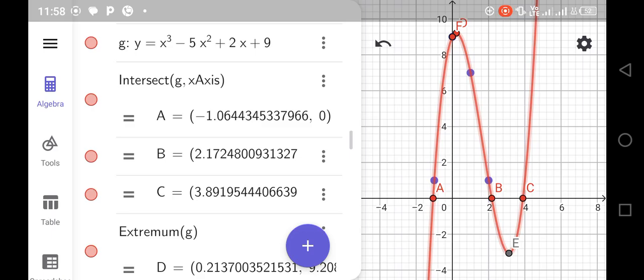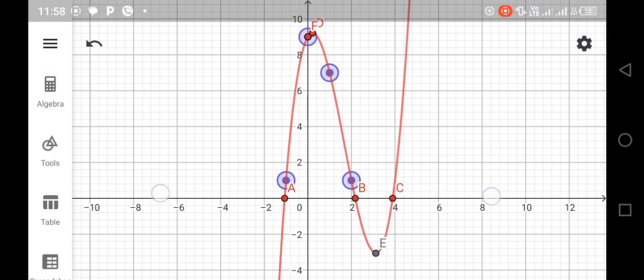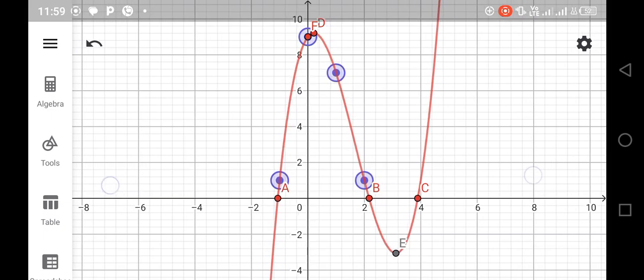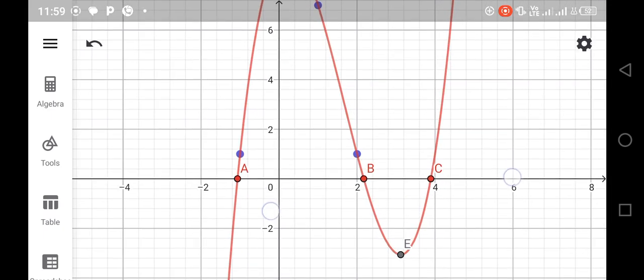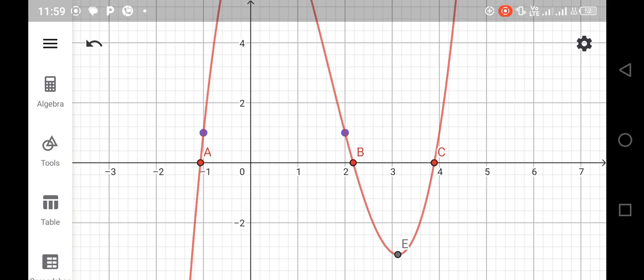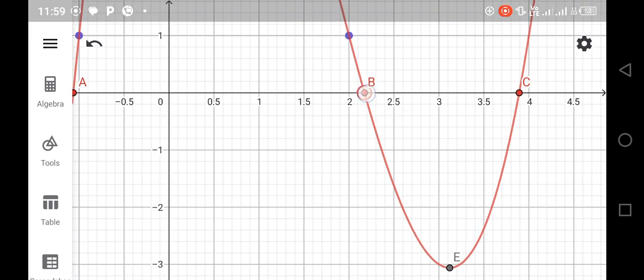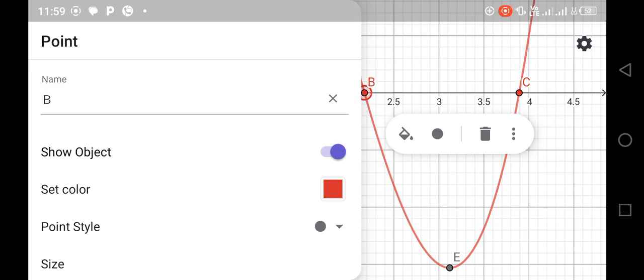So we use the graph to estimate the root of the equation between x equals 2 and x equals 3. Let's see that point, the point B. So we're going to see the root there.